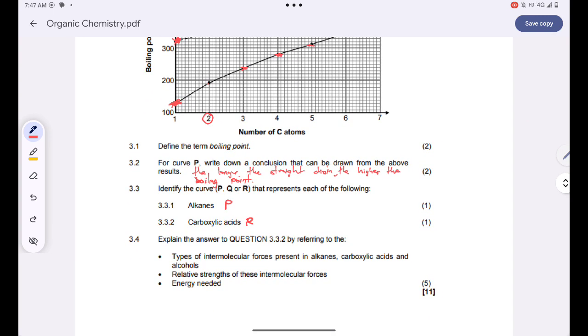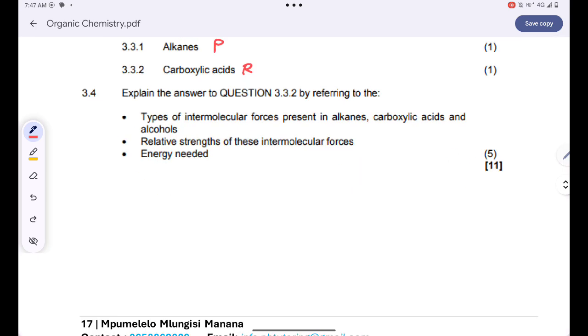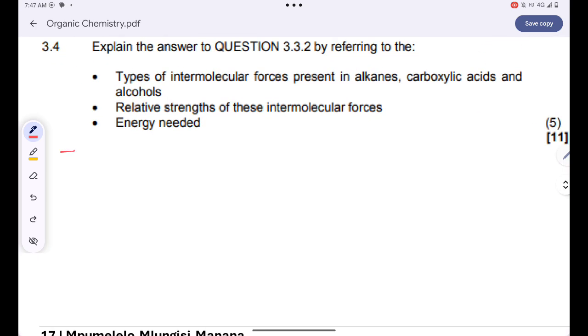Okay, and then now we must fully explain the answer in 3.3.2 by referring to the type of intermolecular forces present in alkanes, carboxylic acid, and alcohol, the relative strength of these intermolecular forces, and the energy needed. Okay, we can say that alkanes have weak London forces.